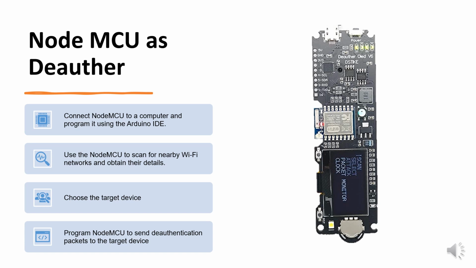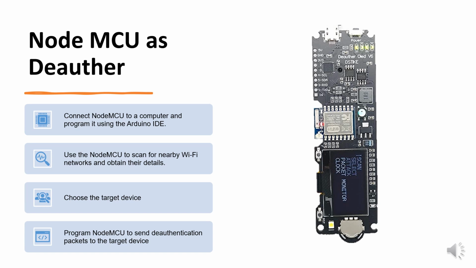To make NodeMCU work as a Wi-Fi deauther, we need to set it up. First we need to connect it to the computer and program it with Arduino IDE. A lot of scripts are available on GitHub that can be loaded on NodeMCU and used as a deauther.